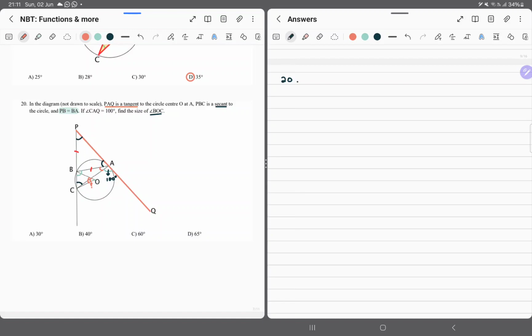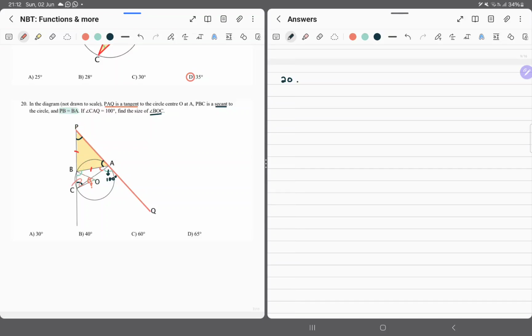So how do we start? Well, it is a very interesting situation. Look at this yellow triangle, this isosceles triangle. What do you notice?